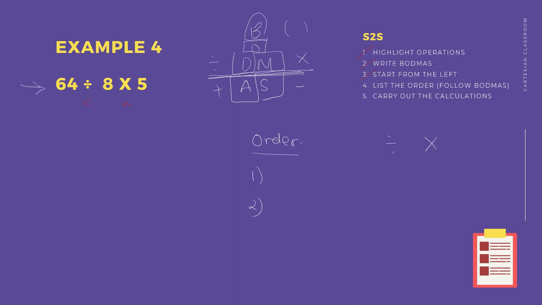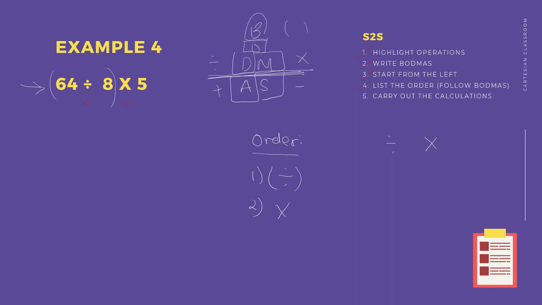So from the left, 64 divided by 8. So division comes first, so that's the first thing that you need to do. Then followed by multiplication. So whichever operation that you need to do first, it always helps if you write bracket around them. So that is step 4.